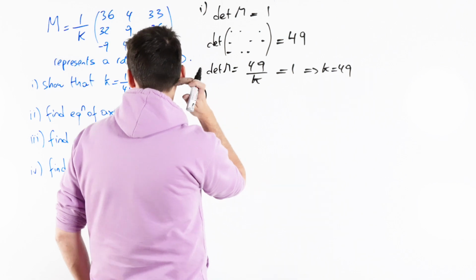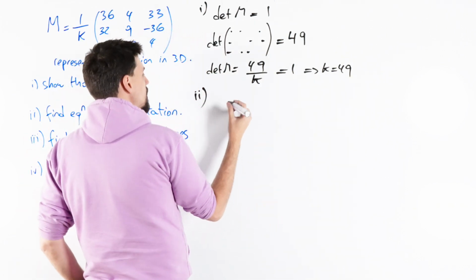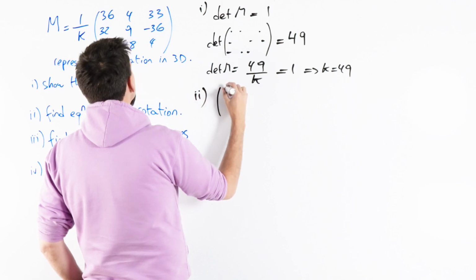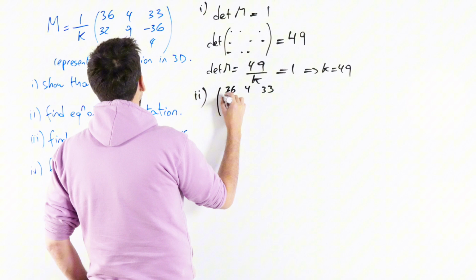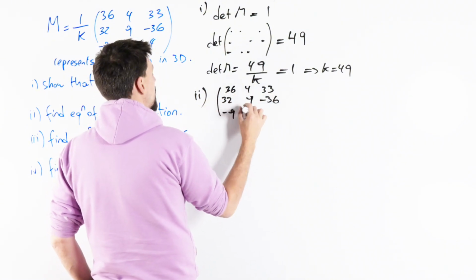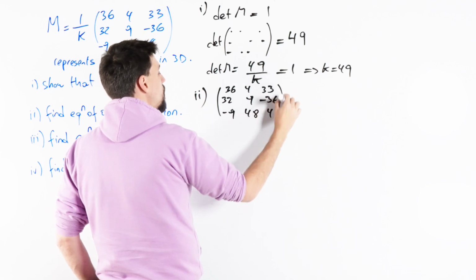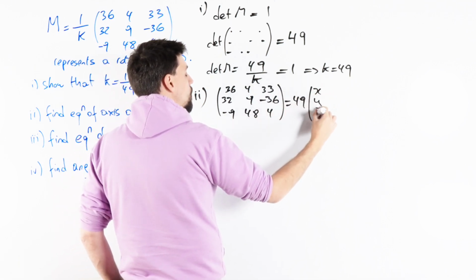So what this tells me is that the matrix with rows 36, 4, 33; 32, 9, minus 36; minus 9, 48, 4, applied to x, y, z, will equal 49 times x, y, z.